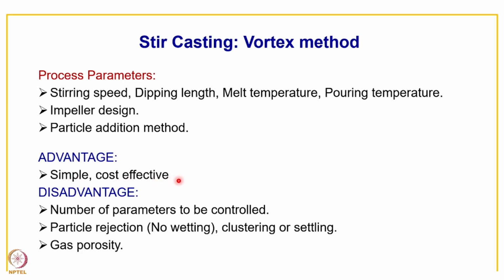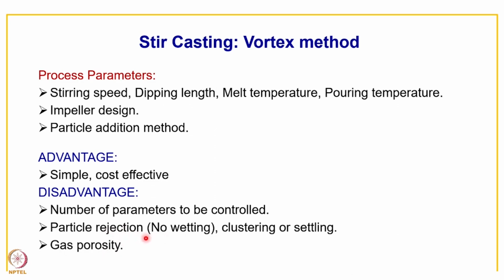In fact, this is one of the most economical methods of making metal matrix composites on a large industrial scale. But the disadvantages are that a number of parameters have to be controlled, as I said before, and if the particles are not added properly, or if the process parameters are not controlled properly, then chances are that these particles will be rejected.